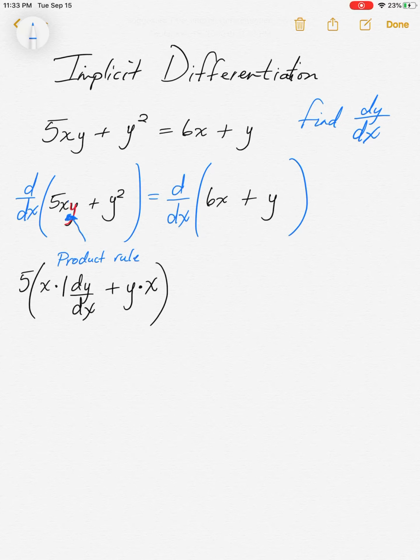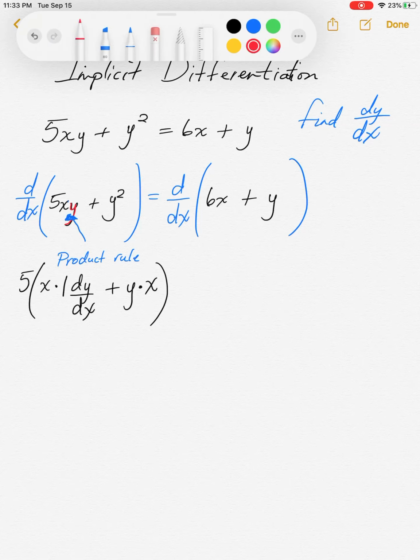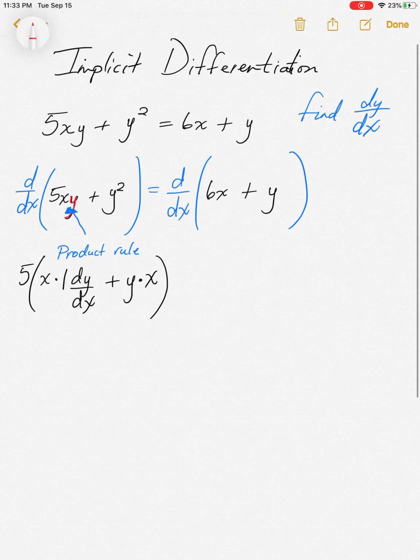Breaking it down, we have x times dy dx plus y times the derivative of x. I should have started off with a simpler example, but we're already in too deep.